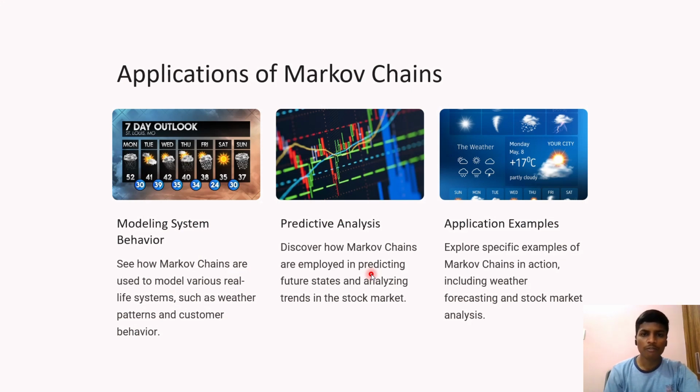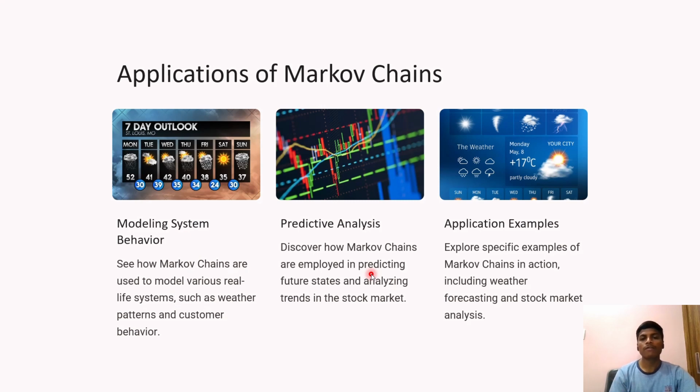So, the applications of Markov chains. Markov chains are widely used in weather forecasting, customer behavior patterns, and predicting the stock market. Firstly, we see Markov chains in real life systems such as weather patterns; the weather patterns are predicted using Markov chains.